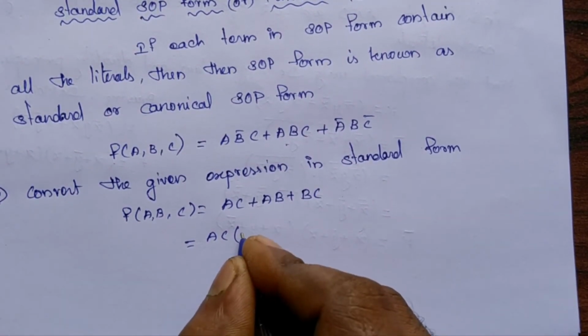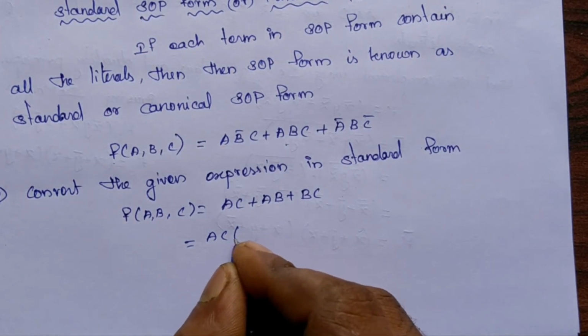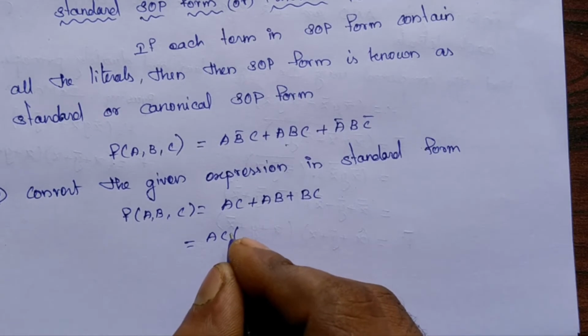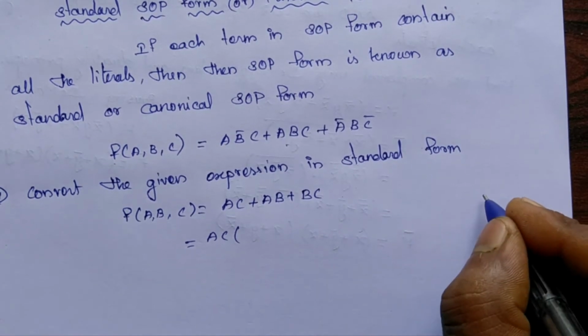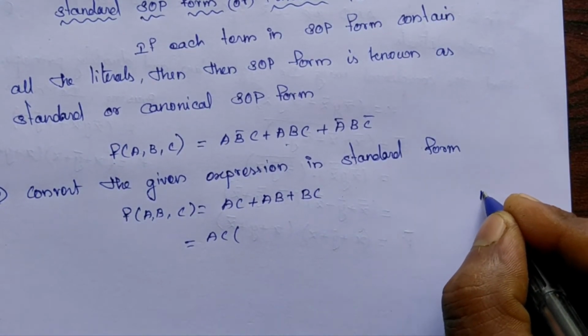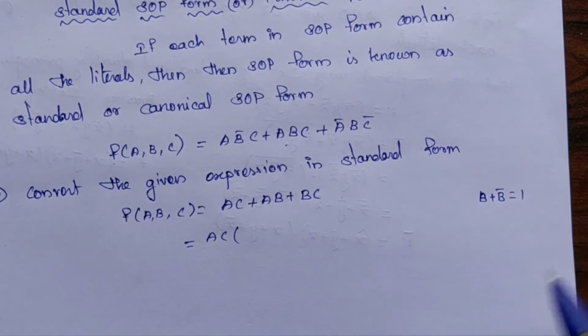Okay, therefore here we can multiply it with 1. Multiplying it with 1 does not change its value. Therefore here I am multiplying it with 1. That 1 is replaced by b plus b bar is equal to 1.